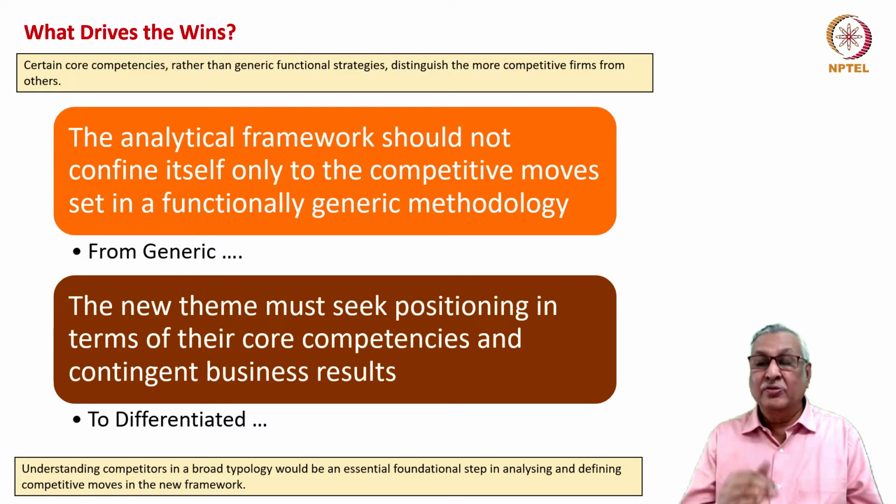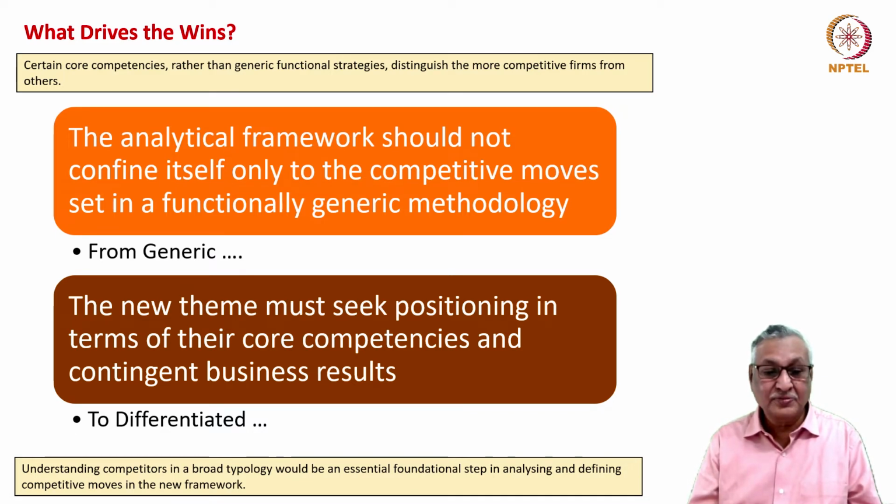Therefore, while it is good to look at these three generic strategies which I have outlined, you also must move from being generic to differentiated based on core competencies and aim for contingent business results, that is, business results which are linked to the core competencies. So understanding the competitors in terms of their core competencies is also an essential foundational step in understanding the overall competitive canvas and making the right moves.